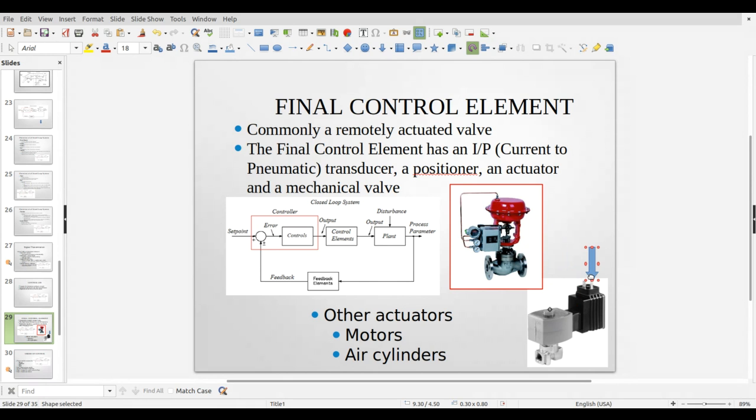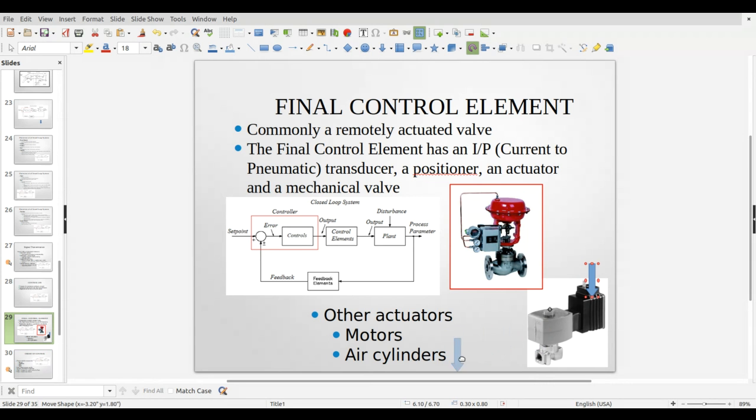These take a 4 to 20 milliamp signal in here, and then it just opens or shuts this valve, which allows the water to flow through. Down here is where we hook up the water line, and it allows the water to run through, so we can control how much water is flowing through.